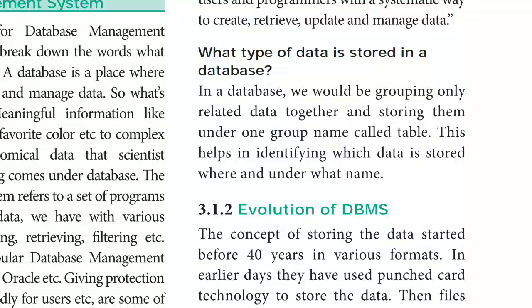For example, student details is a table that will contain student name, admission number, student class currently being studied, father's name, mother's name, and address of the student. Every detail will be stored, and only this particular data will be stored in the student table.